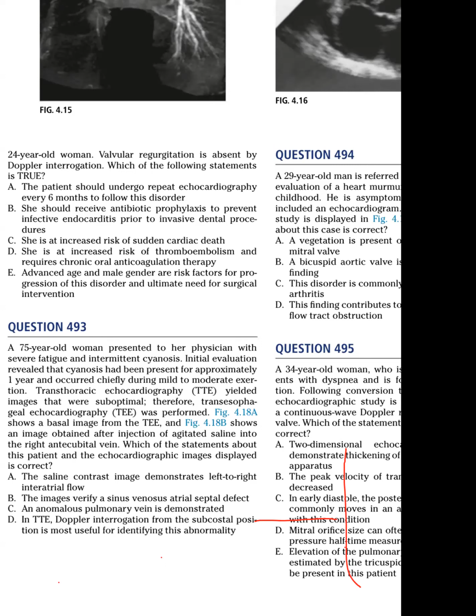E, advanced age and male gender are risk factors for progression of this disorder and ultimate need for surgical intervention. So that is the true option. The interesting thing about this prolapse is that it is common in women, just like one of the other conditions we mentioned earlier, Takotsubo, which is common in women, but when men have it, the prognosis is worse.